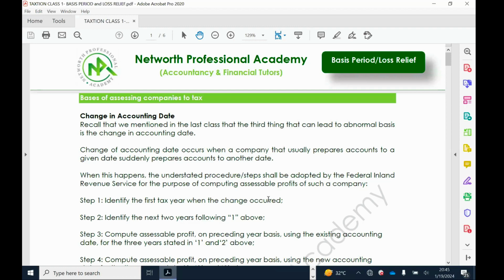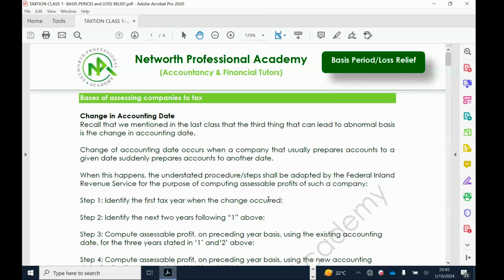I gave a very funny example as well. I said most of the companies that have 31st of December as their accounting year end, it is most likely that the year of commencement is less than 12 months.